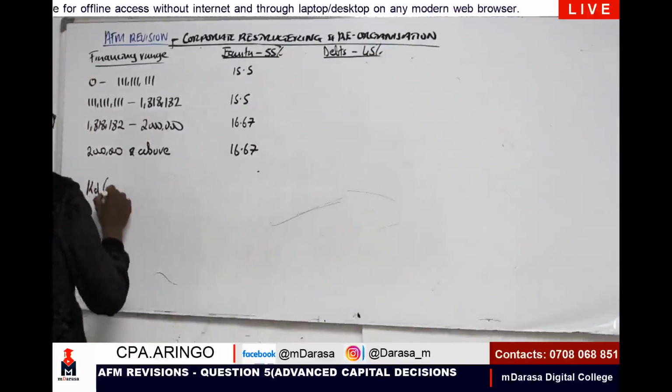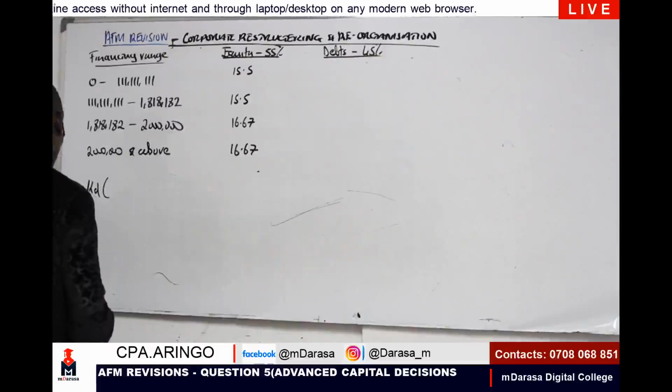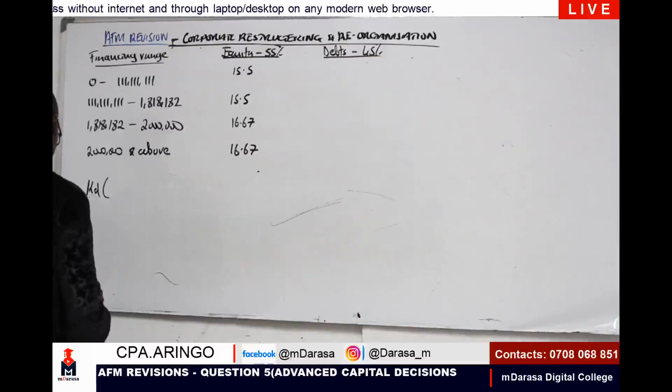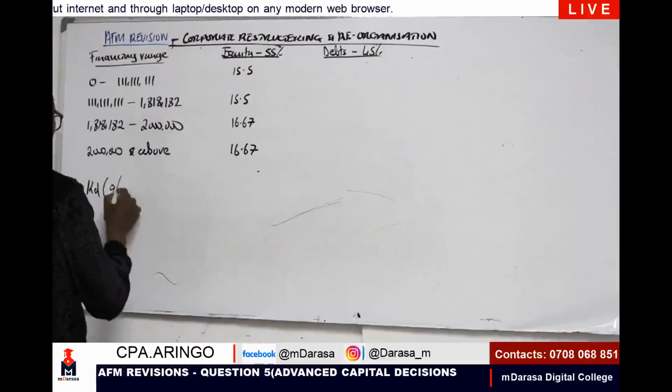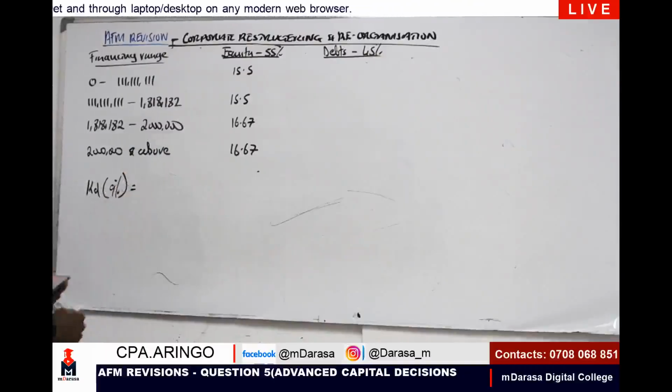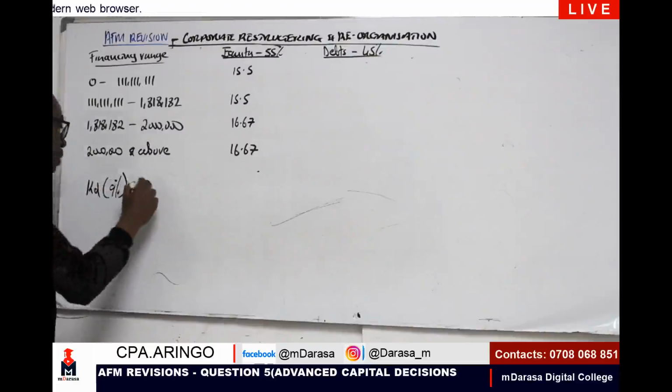Cost of debt, we start with the first bit, which was given as 9% debt. So already my KD is 9.